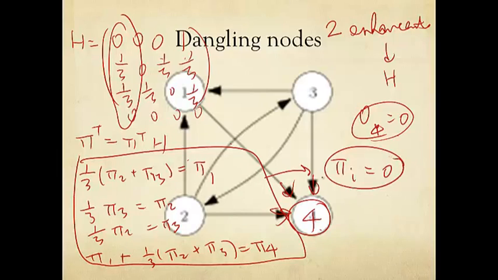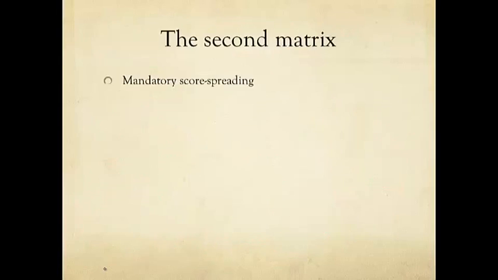Okay, so how can we solve this dangling node problem? We refer to these nodes with no out degrees, or out degree being 0, as dangling nodes. One possible solution is to say, well, since you don't point to any other nodes, I will assume that you point to all nodes. I will force you through a mandatory score spreading.